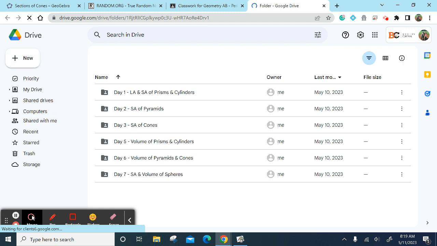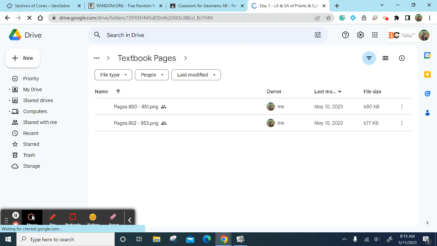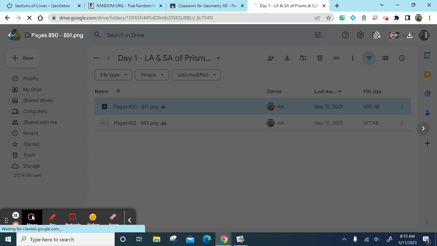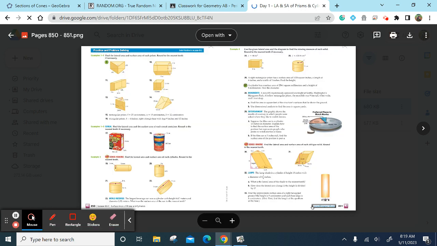All right, here's day 1, all of the pages that you need for day 1. Find what you need and find the problem. So if you want to access it through Classroom now, you can. Or if you want to keep using your online version, go right ahead. But they're all on Classroom now too.